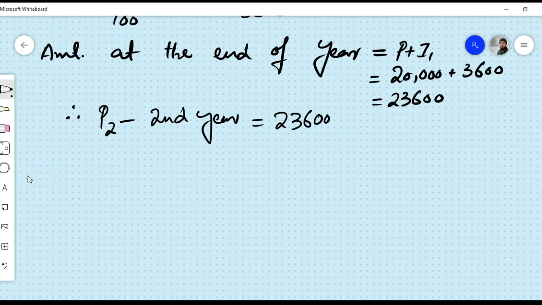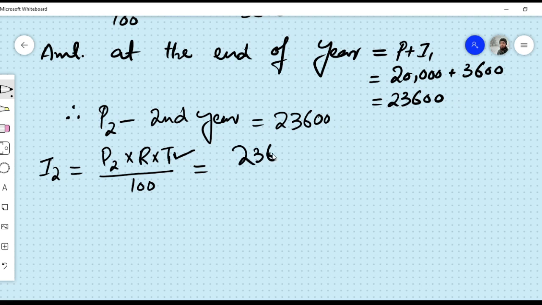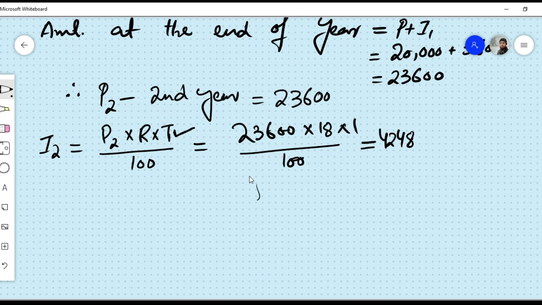Now when we calculate the interest for the second year, it is principal amount into R into T divided by 100. But we should note here we are calculating interest year by year, so that is why I am using T again as 1. So P2 into 18 into 1 divided by 100, and now it is easy to calculate, which is rupees 4248.